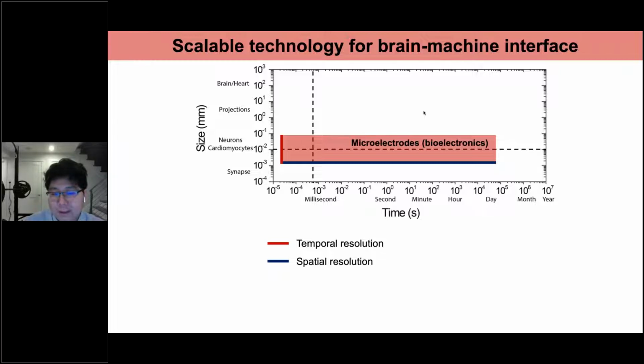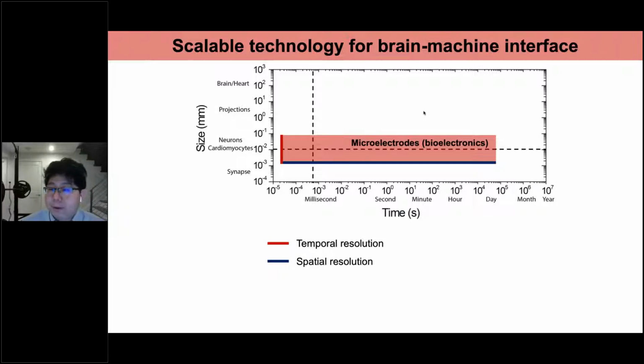The red and blue lines label their spatial temporal resolution, and the pink area highlights the spatial temporal scale that they can cover. You can see that traditional bioelectronics can easily achieve single cell, single spike spatial temporal resolution. However, they cannot last for a very long time in the brain, and of course, they cannot be easily distributed across the entire 3D brain.